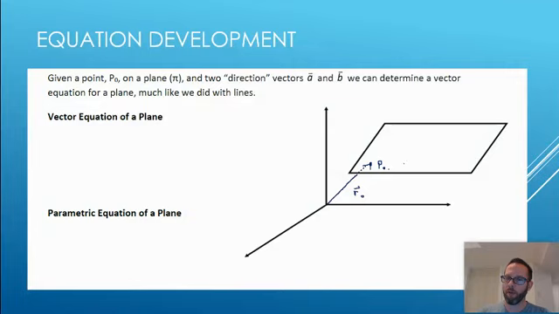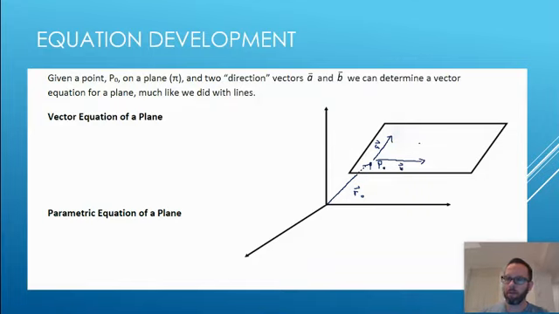From there, if I want to describe all the points on the plane, well, now I'm on the plane by going to this point P naught. And to describe all the other points on the plane, I need my two direction vectors. And we're going to call them A and B. We could have called them M1 and M2 for two different direction vectors, but then that just gets hard with the labeling. So we'll use A and B for this one.